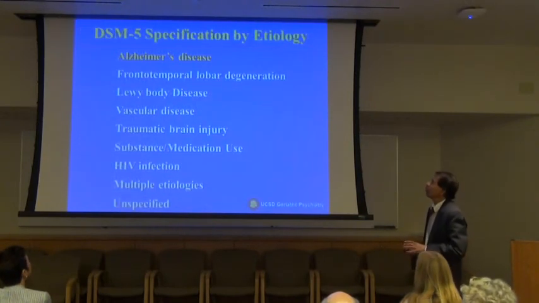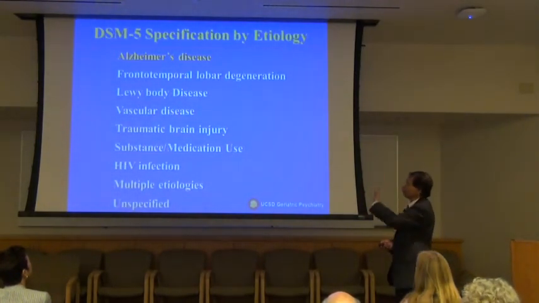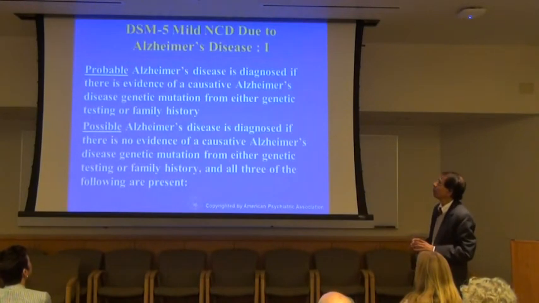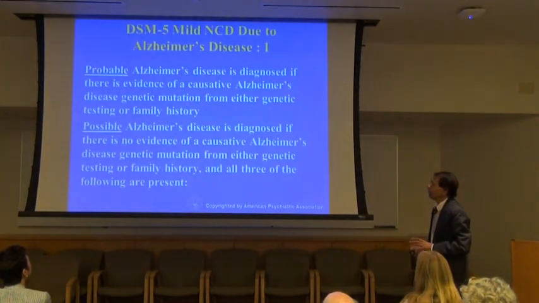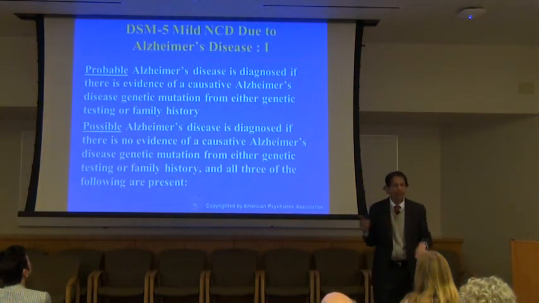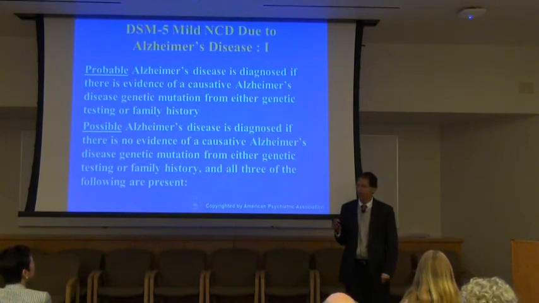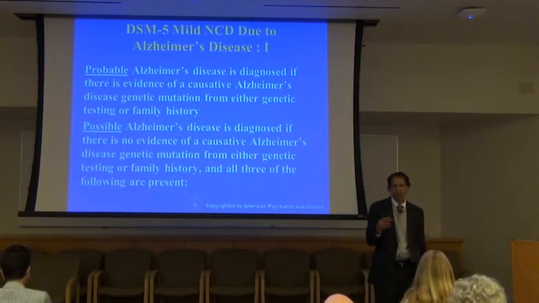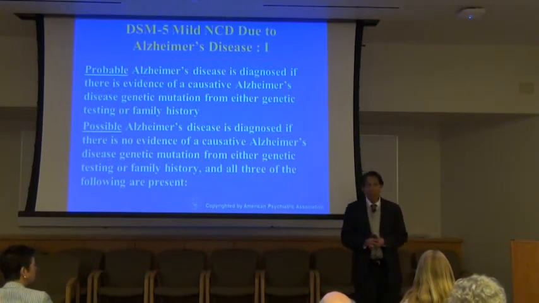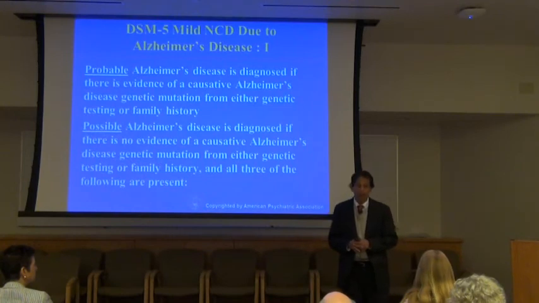Okay. So again, the specification by etiology, we go through the same thing, Alzheimer's, frontotemporal, et cetera. Again, probable, possible. I will say one thing, that for mild neurocognitive disorder, be very careful when you say it may be due to Alzheimer's, because we are then really labeling the person with Alzheimer's when we do not know whether the person will develop Alzheimer's.